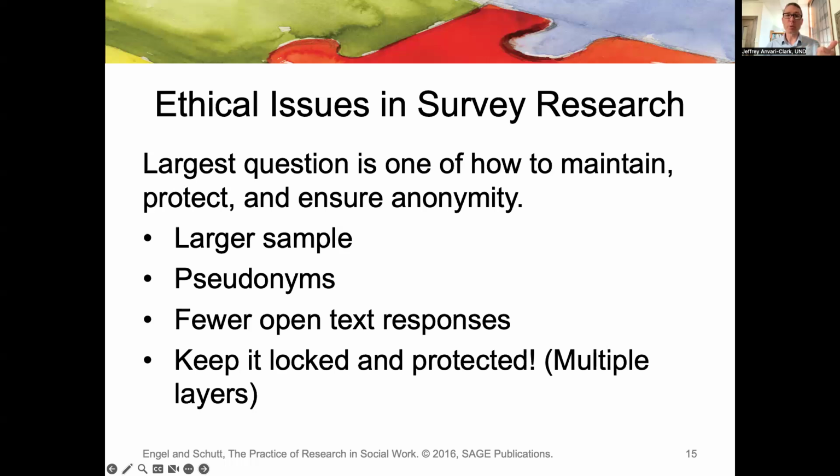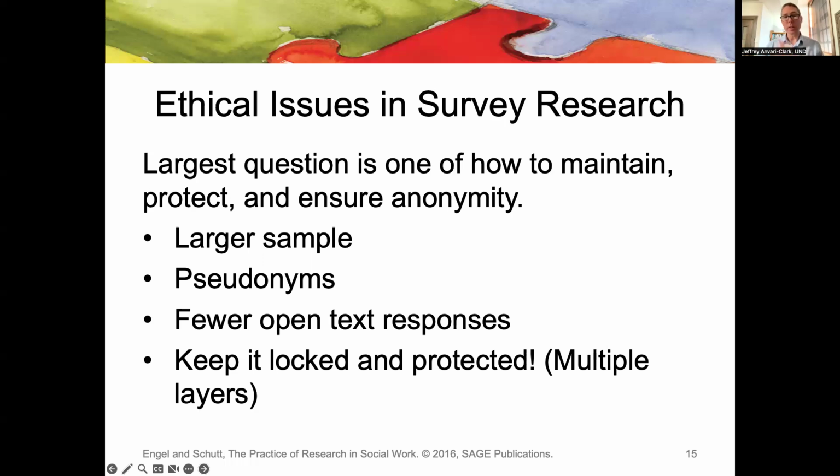A person who's 45 and living in a particular zip code and is of a particular ethnicity, it may not take too much to find out who that person is. So typically the rule of thumb is that, especially with federal data, you have to have at least 10 people within a given zip code for any type of criteria. Otherwise, it becomes very easy to identify who they may be.